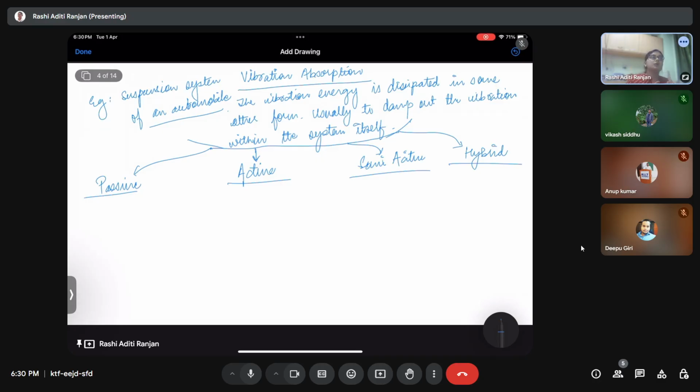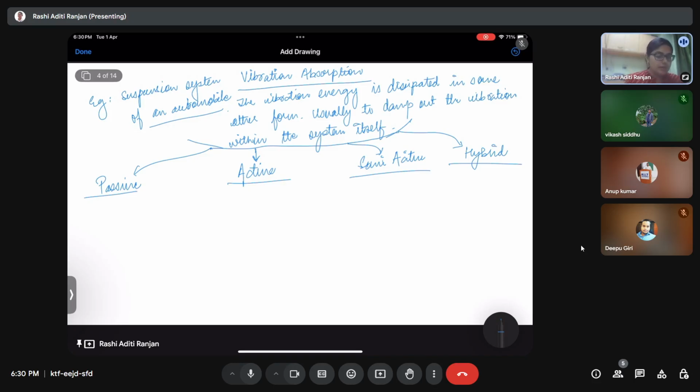Though it is not able to work for different kinds of conditions that efficiently, it has a positive point that it does not require any kind of input continuously, and that is why it is energy efficient, right? Because when we apply a passive absorber, we just apply it. It is not consuming any kind of energy from an outward source. So definitely it is going to help to increase the efficiency.